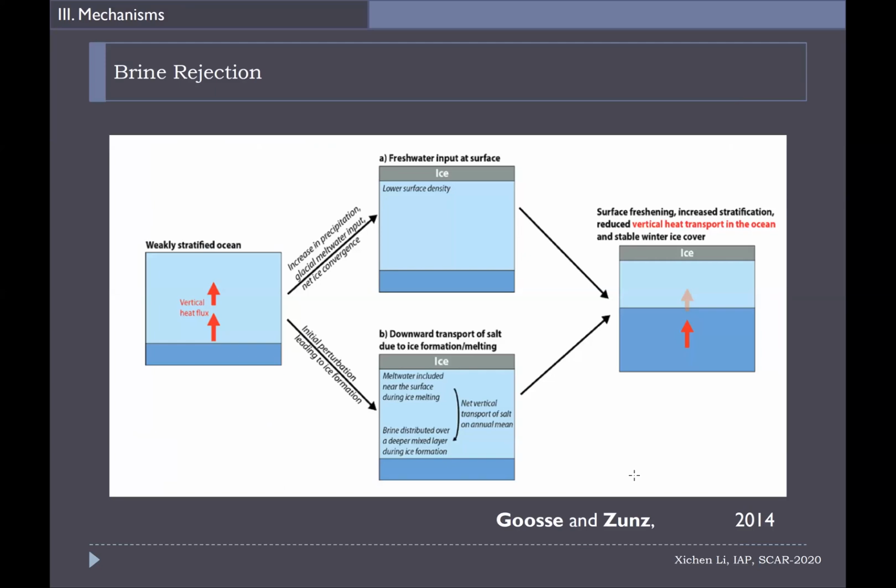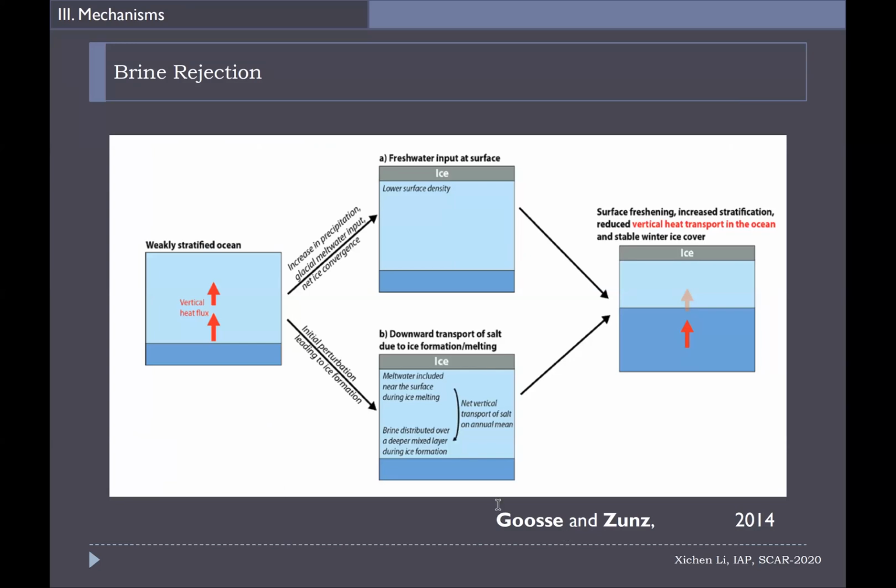I think the basic idea is like in Professor Gauss' papers, the brine rejection. When sea ice forms, it releases salt water, and when sea ice melts, it releases fresh water. But their contributions to the ocean stratification are not symmetric.